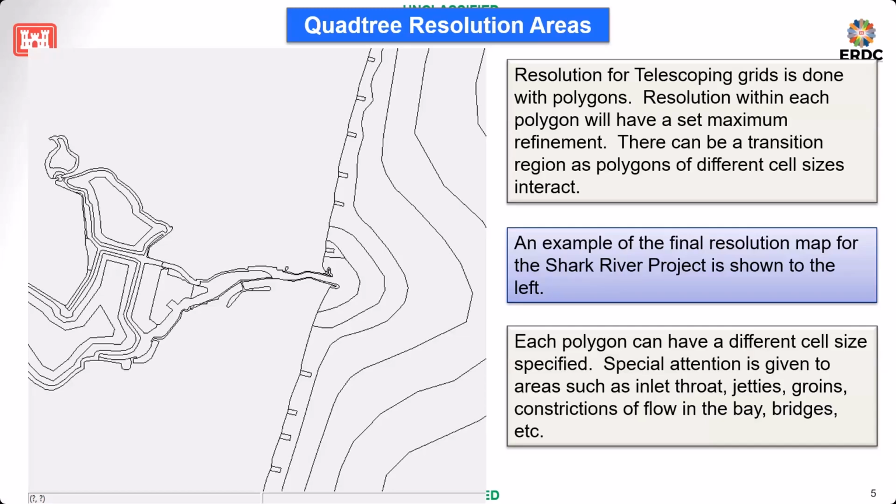It's pretty well defined and stable, the movement and change in waves and currents and tides at the open ocean. So we don't need as much resolution there. An example of the final resolution map for the Shark River project is shown here. And each polygon has a different cell size specified.